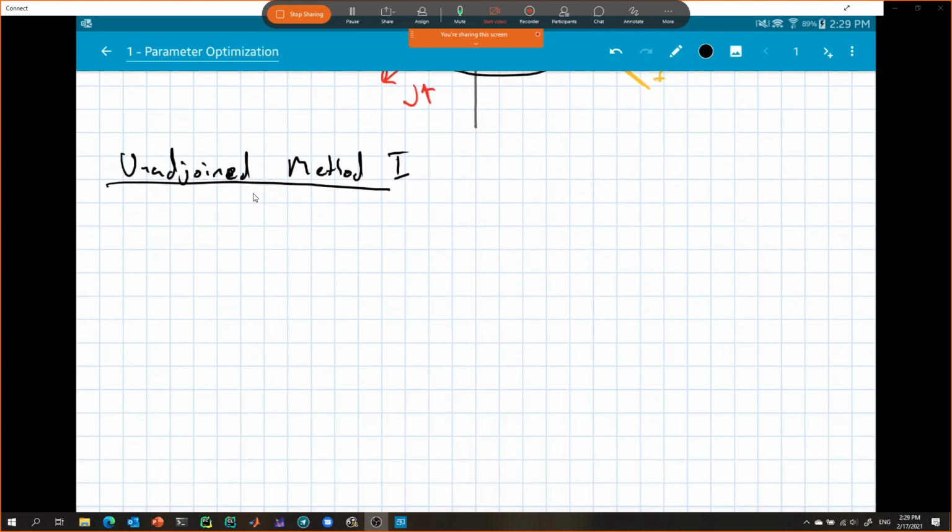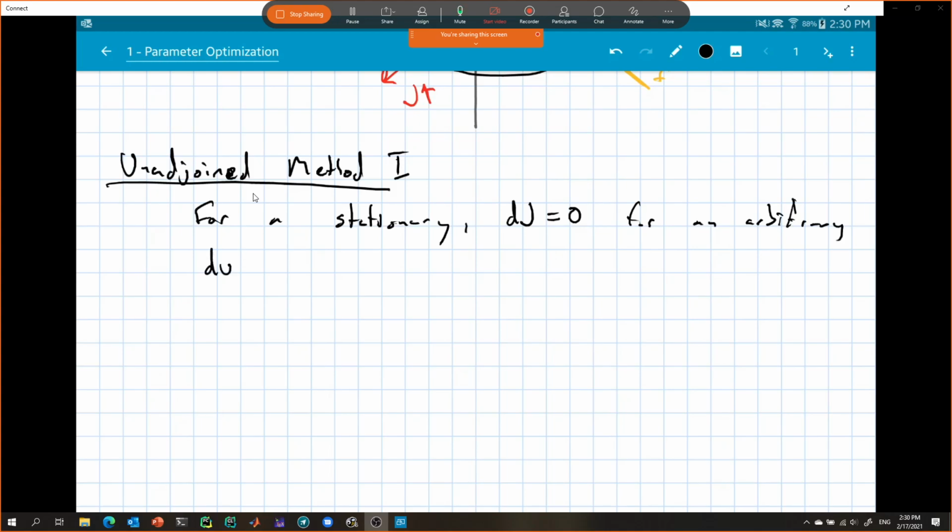For a stationary point, that's where it could be a minimum or maximum, this is equal to 0 for an arbitrary du.